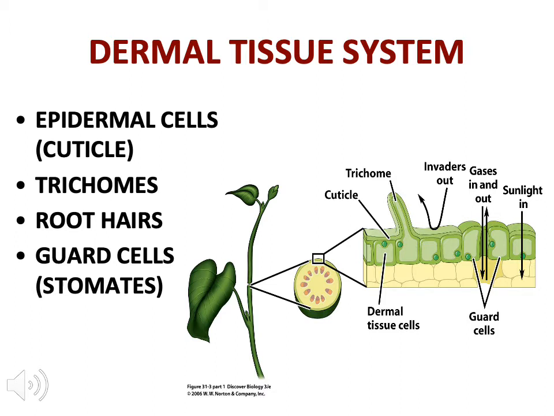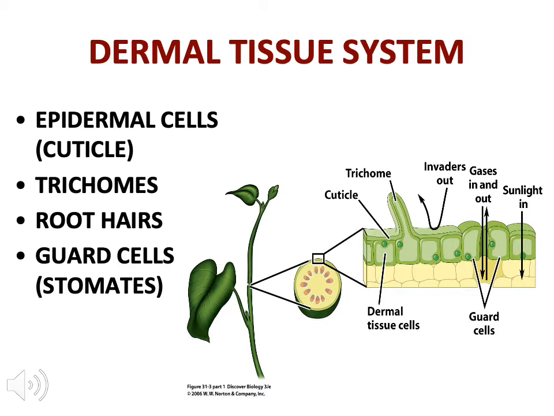And then finally we have our fourth bullet, which are guard cells. Guard cells are modified epidermal cells, and their job is to regulate the movement of gases into and out of the leaf. As a rule, guard cells are found associated with the epidermis found on the lower leaf surface. Generally, you don't find guard cells anywhere else.